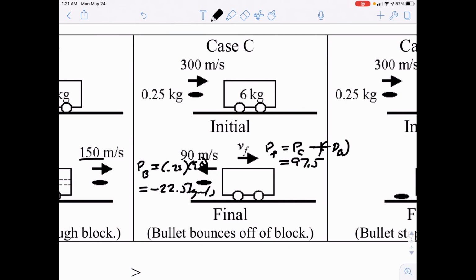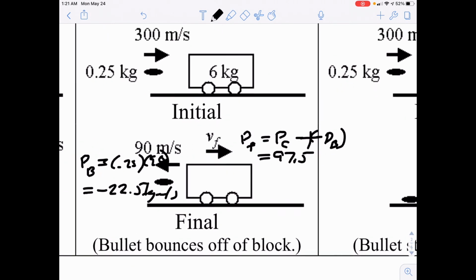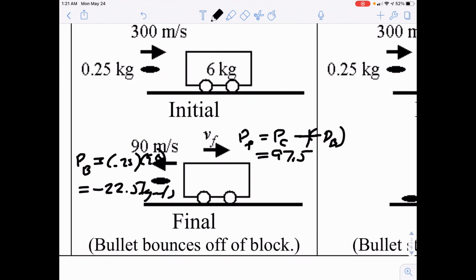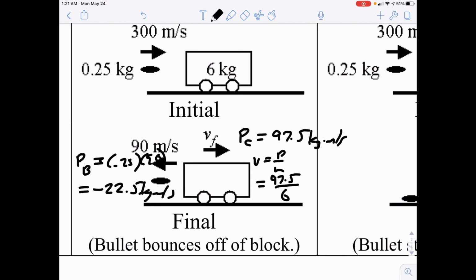So P of the cart is going to be 97.5. And we'll use that to solve for the velocity of the cart. So velocity is momentum divided by mass, and we'll go 97.5 divided by 6. Velocity final is about 16 and a quarter meters per second.